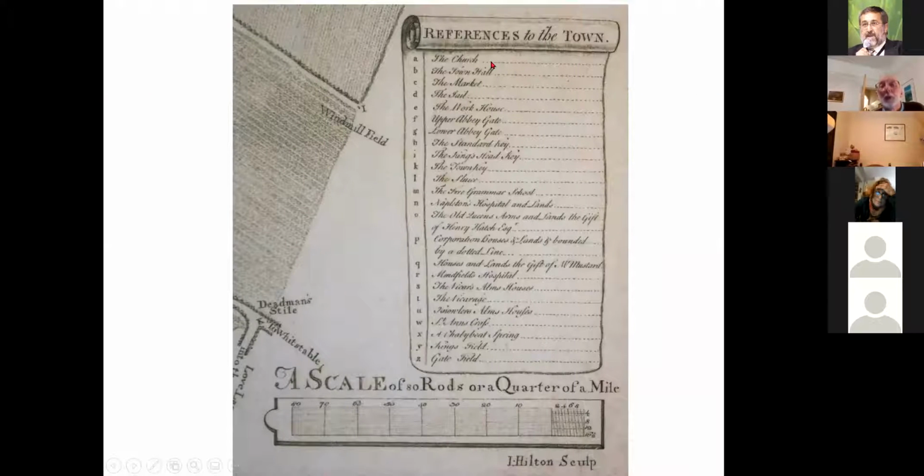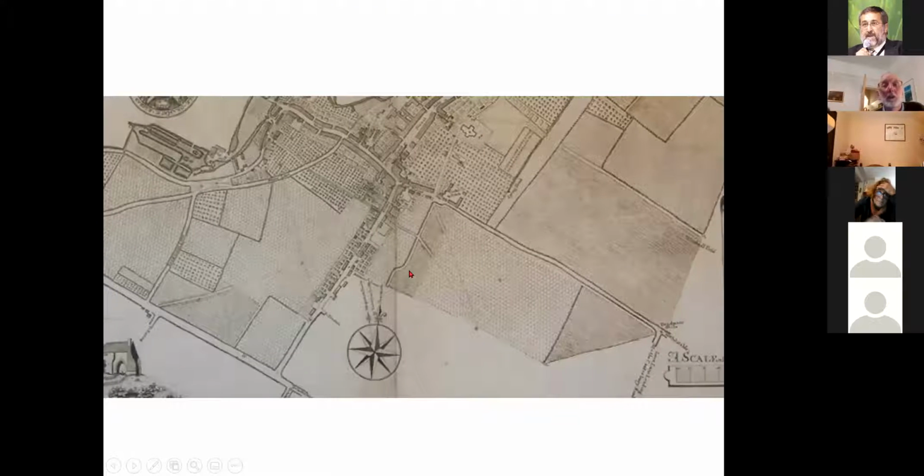And here are some references in the town. Y is the King's Field. I don't know if you can read that there, but if I just go back to this map, here's the Y, and this is King's Field. Stone Street is about here. That's Gatefield Lane there. This is Watling Street, Preston Street, and South Street and Ospringe Road.